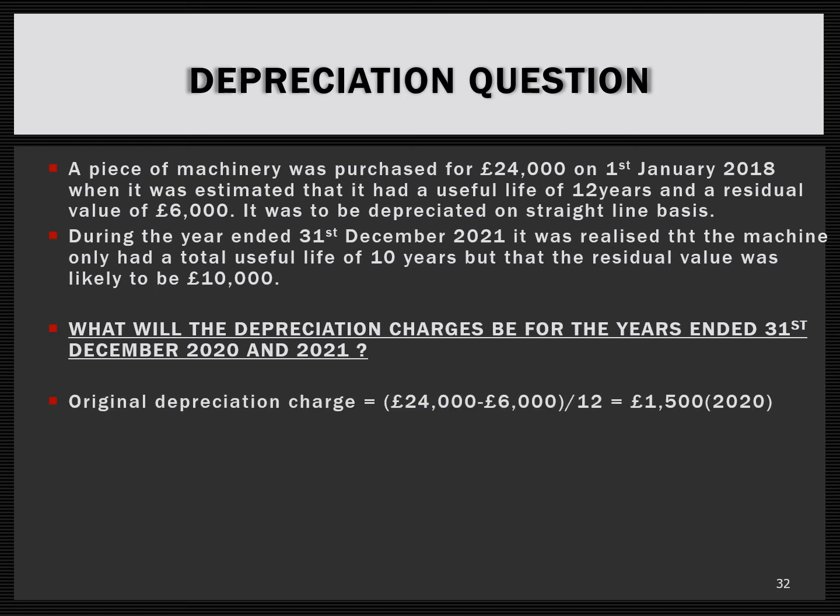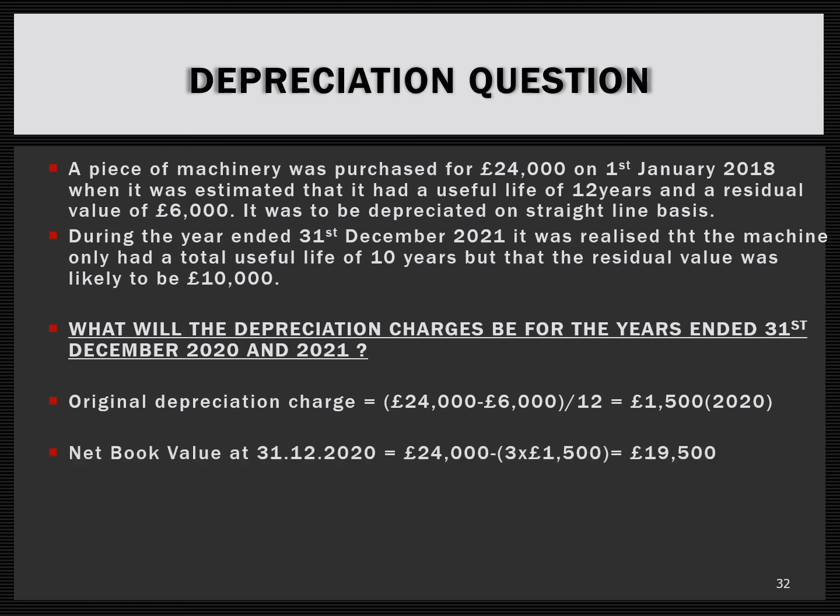So the original depreciation before the adjustments would be 24,000 original cost minus the residual proceeds of 6,000. That's 18,000 over 12 years on a straight line basis, which would give an annual depreciation charge of £1,500, and that's the figure that would appear in the 2020 accounts.